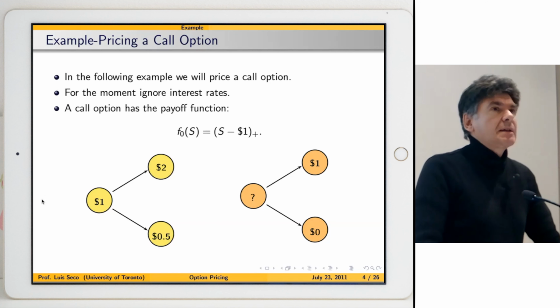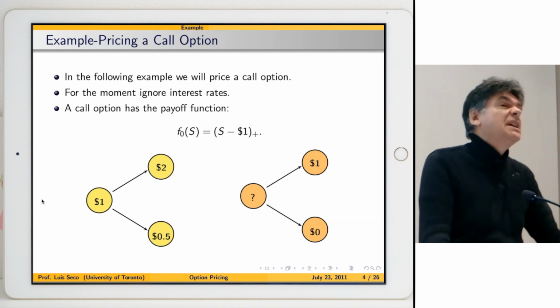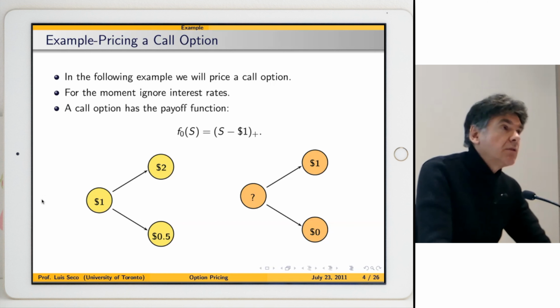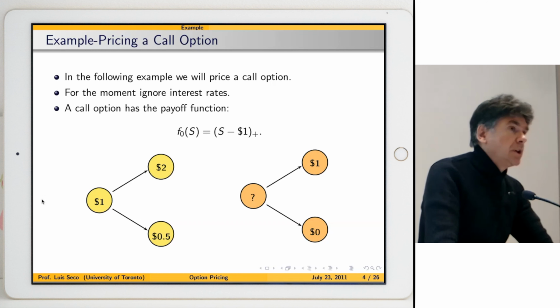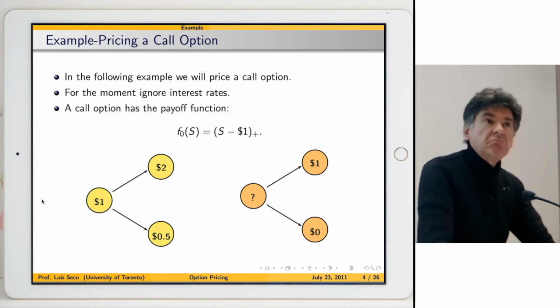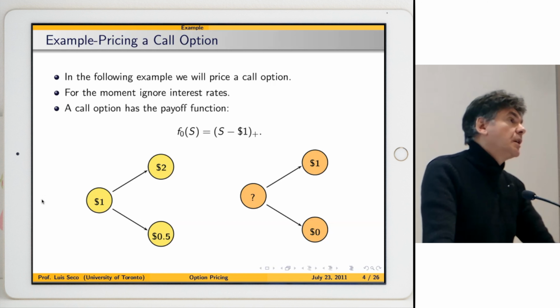I don't know if you've seen that before. It's very commonly used in finance. It's a function whose value is the value of the number in brackets if the number is positive, and 0 if the number is negative. It is the positive part of that number, okay? Maybe you've seen it before, maybe not.